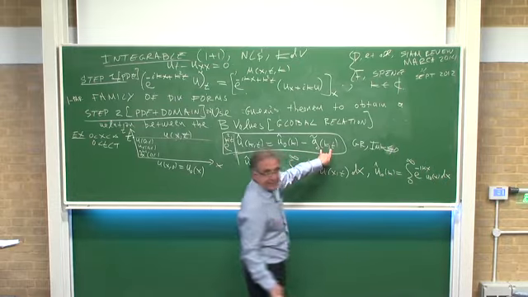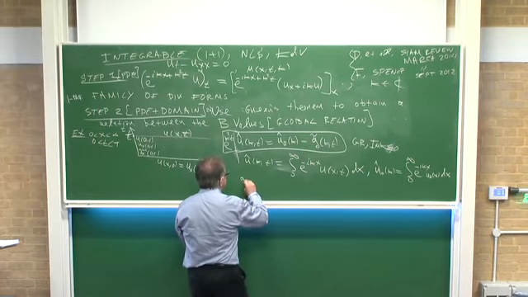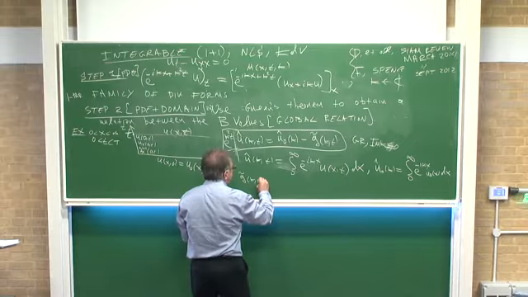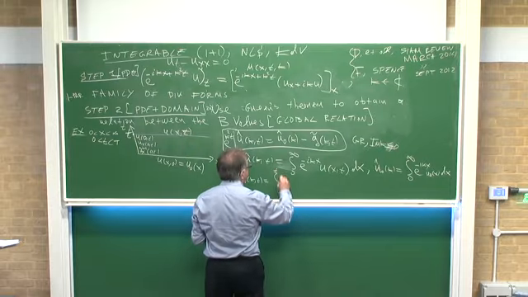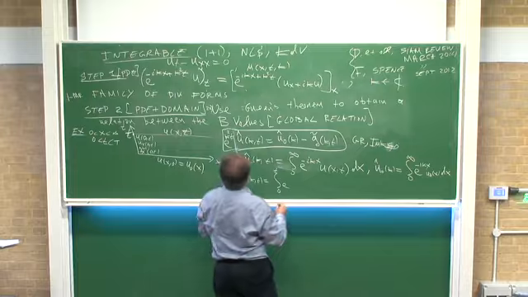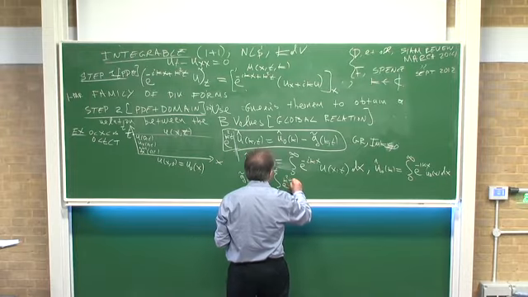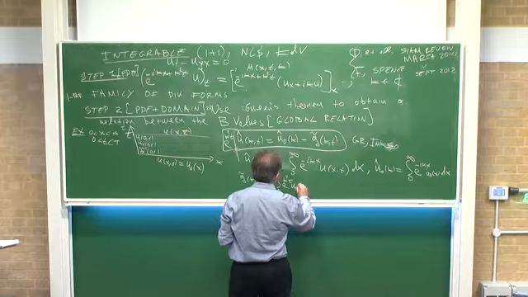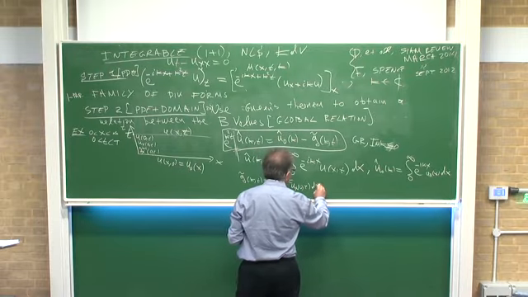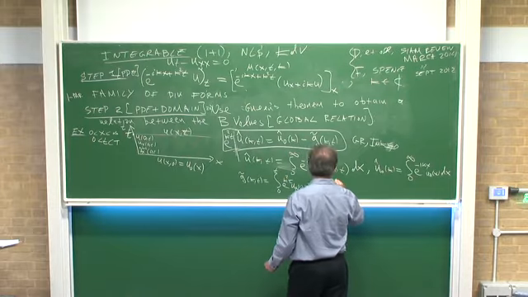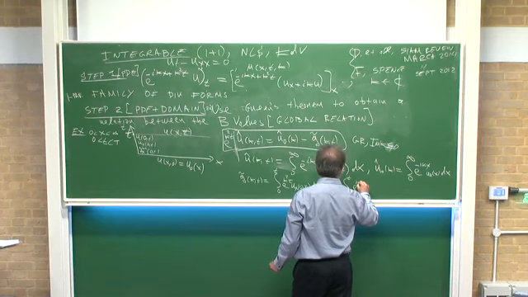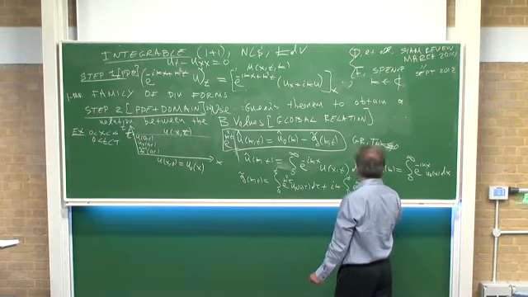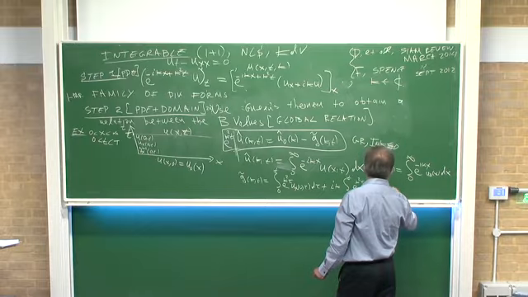Now you see what this is, g of k, t, in our case, will be the integral from 0 to t of e to the k squared tau u_x of 0, tau d tau plus ik times the integral from 0 to t of e to the k squared tau u of 0, tau d tau.